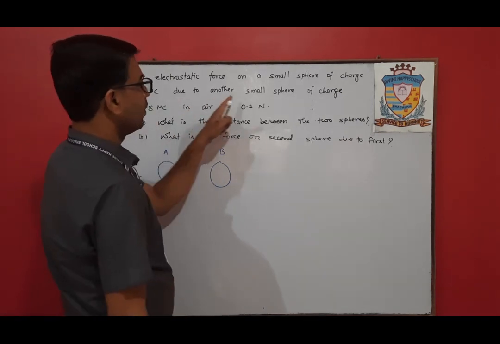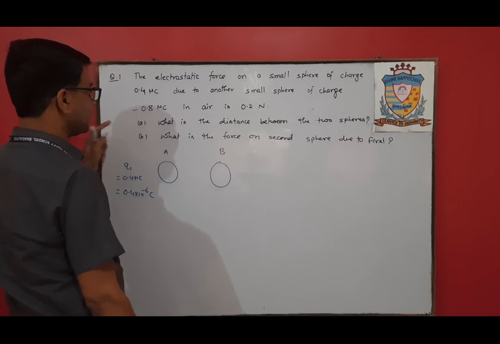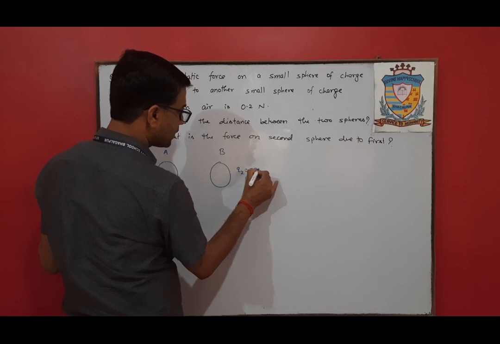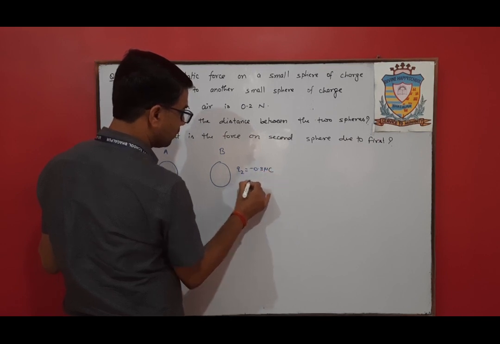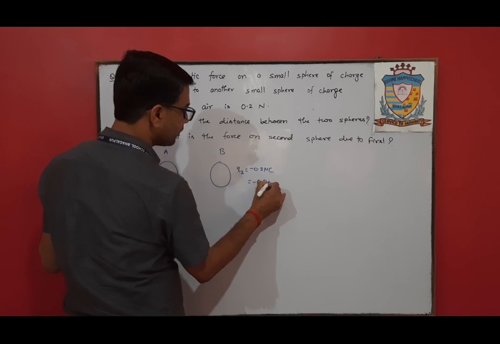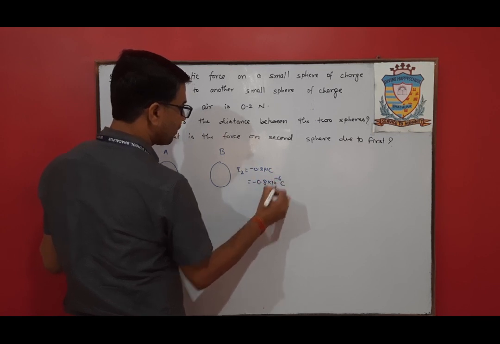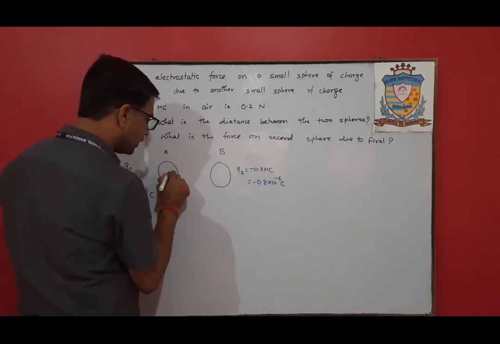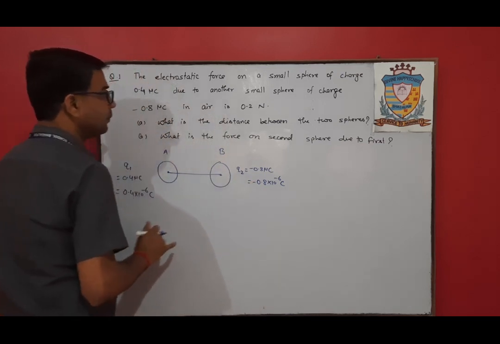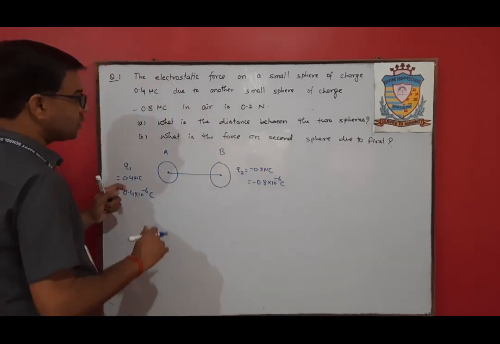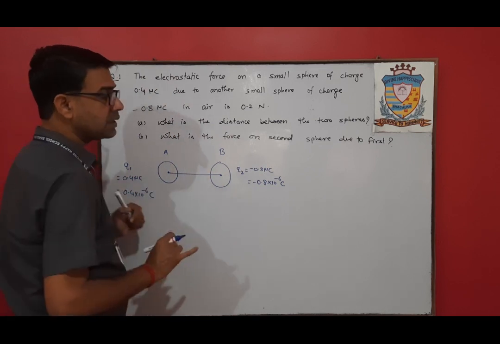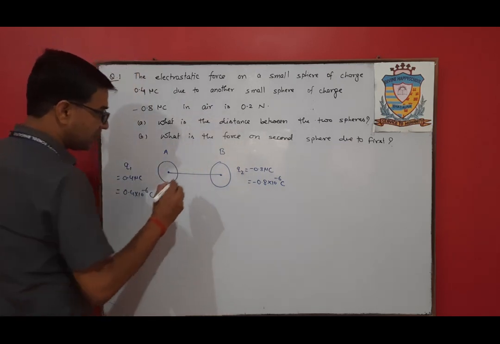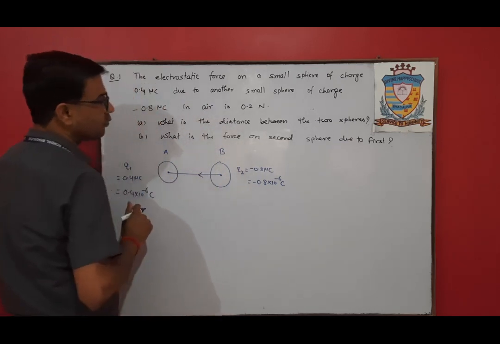The other small sphere has charge minus 0.8 microcoulomb, that means Q2 is minus 0.8 into 10 to the power minus 6 coulomb. We have to find the distance between A and B. As we can see, these two charges are opposite in nature, so as we know opposite charges attract each other, that means this will be the direction of force.